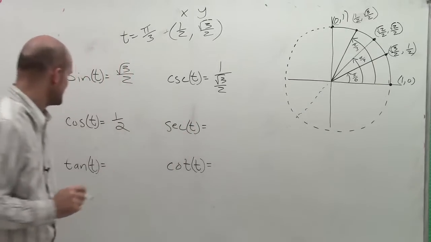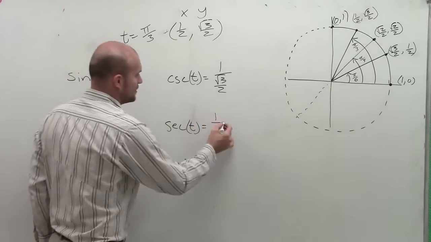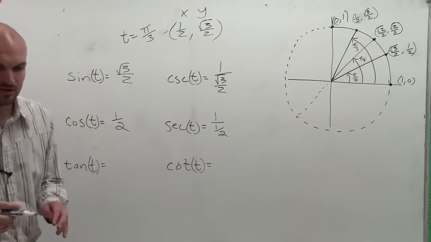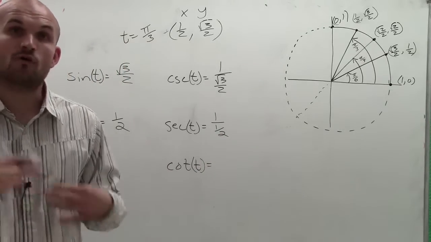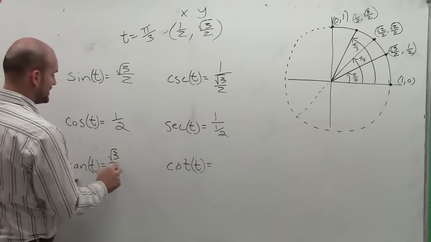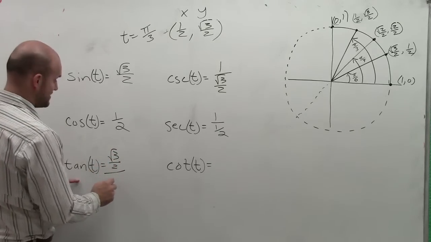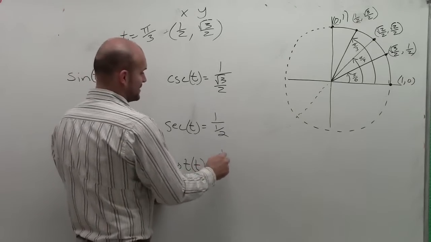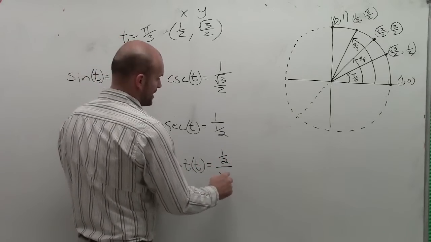Secant is going to be the reciprocal of my cosine, which is 1 over 1/2. And tangent, remember, is going to be your y over your x, so the square root of 3 over 2 divided by 1/2. And your cotangent is going to be your x over your y.